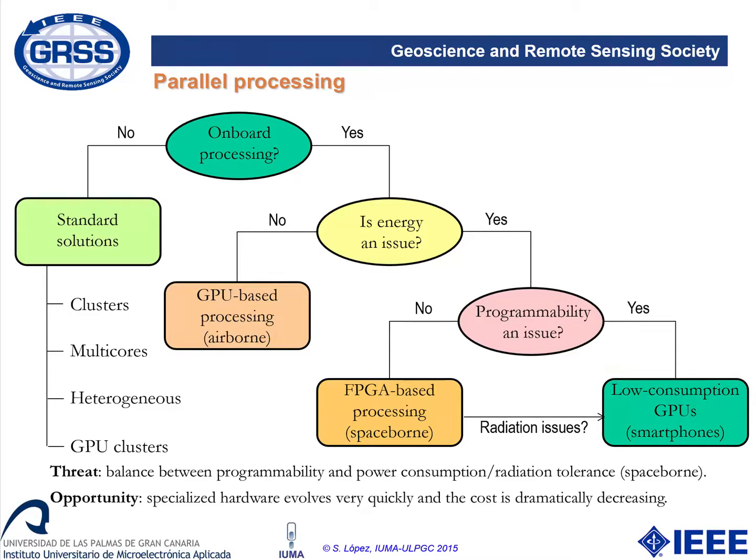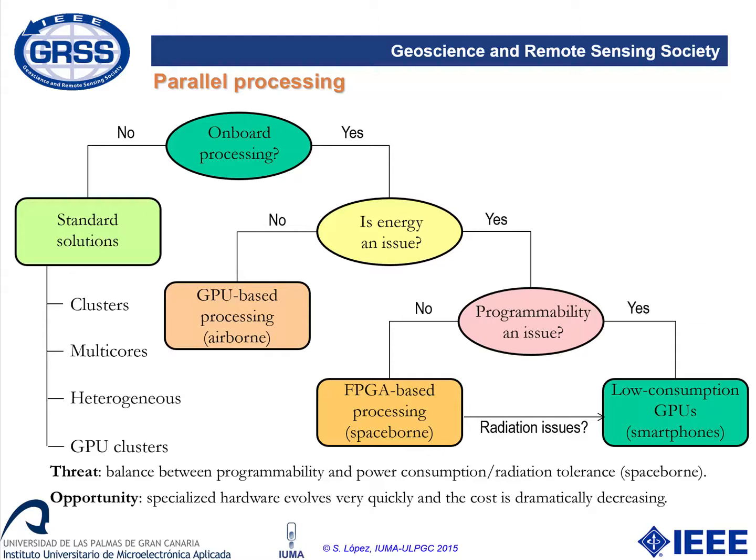So at the end, I would like you to notice a threat and an opportunity that we have within this scenario. The threat is that we have to balance between, I would say, three factors: programmability, power consumption, and radiation tolerance, in order to be able to pick the best computing platform for our application.